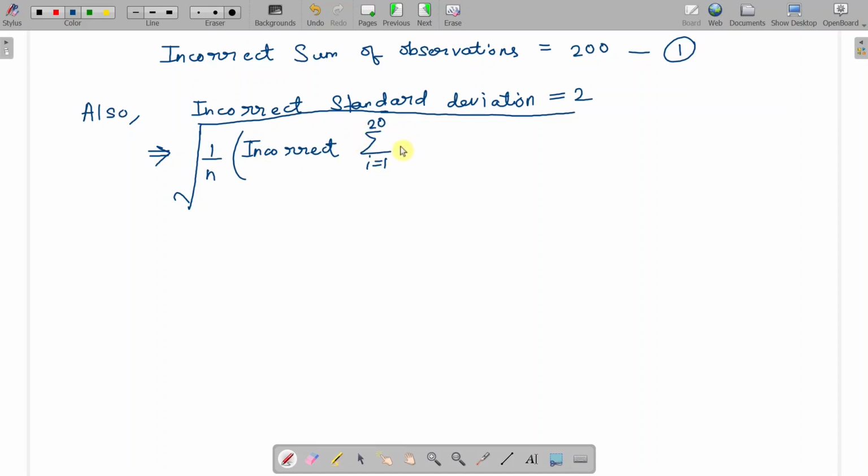Incorrect summation i going from 1 to 20 xi square minus bracket incorrect mean the whole square. So, the actual formula is 1 by n summation i going from 1 to 20 xi square minus mean square, right. But since we are taking incorrect standard deviation, we have to write incorrect here, because the sum is incorrect, and so incorrect xi square here and incorrect mean is equal to 2.